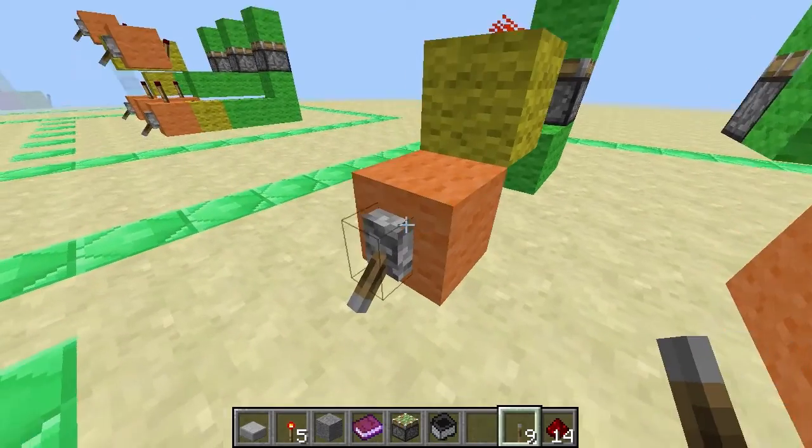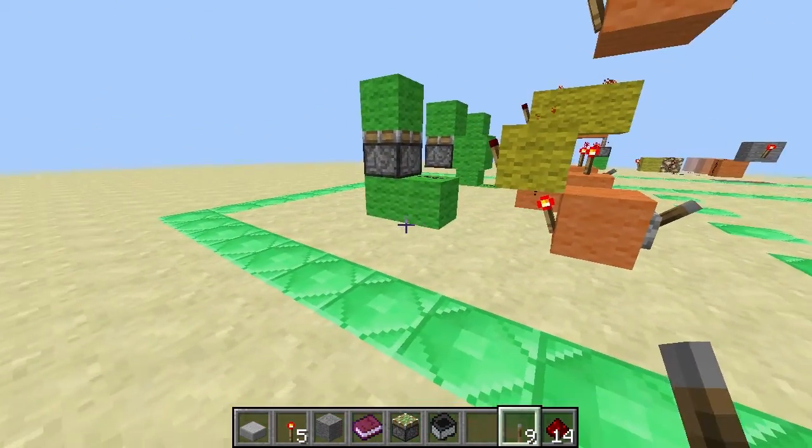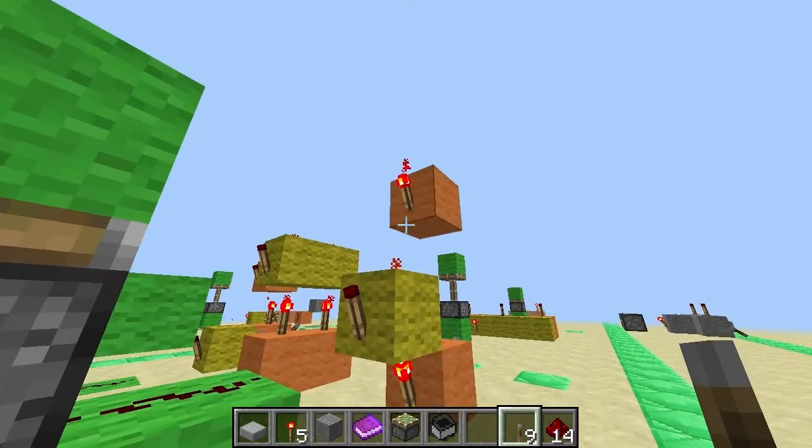What's going on here actually? Well, how's that an AND gate?